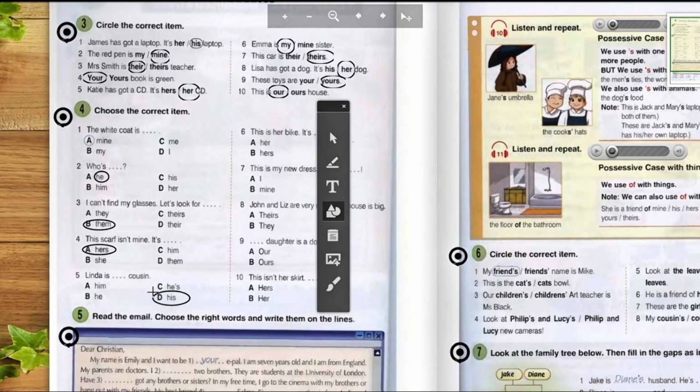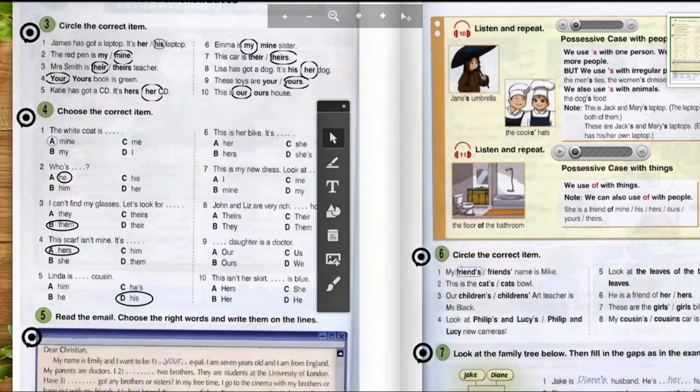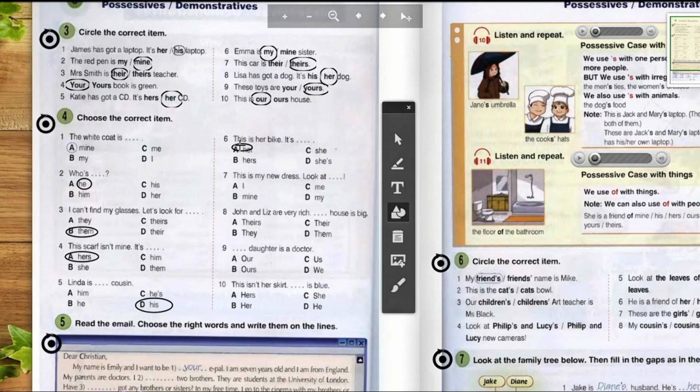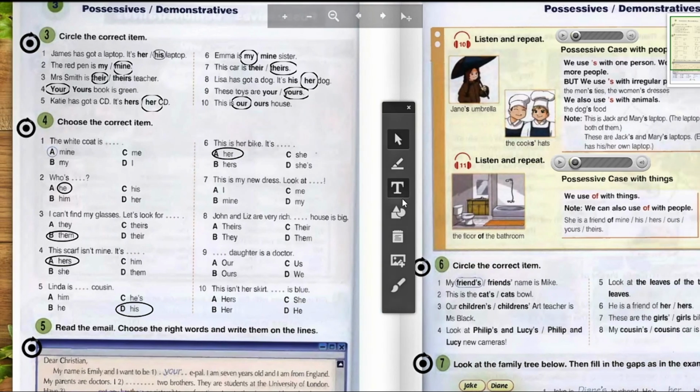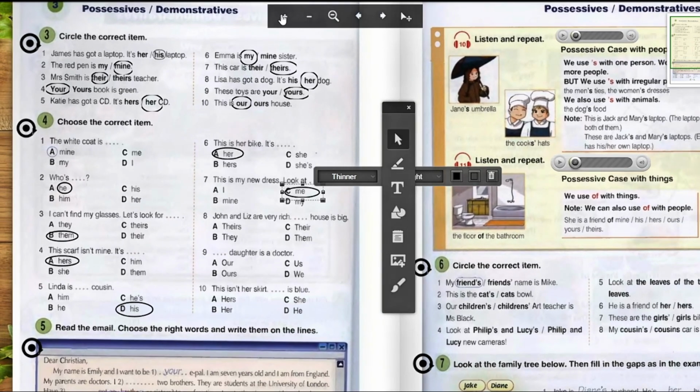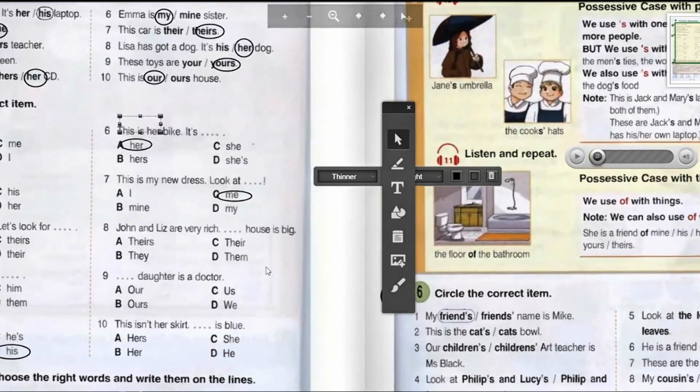Linda is his cousin. This is her bike. It is hers. This is my new dress. Look at me. Okay. So let's do it like this.